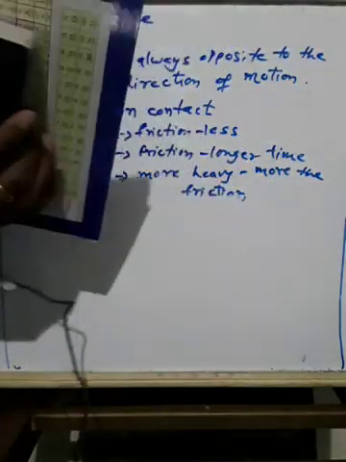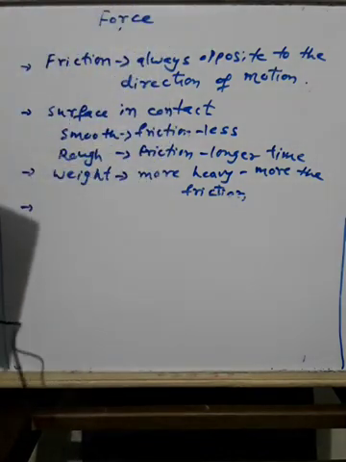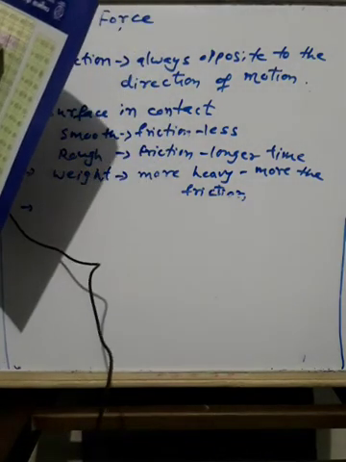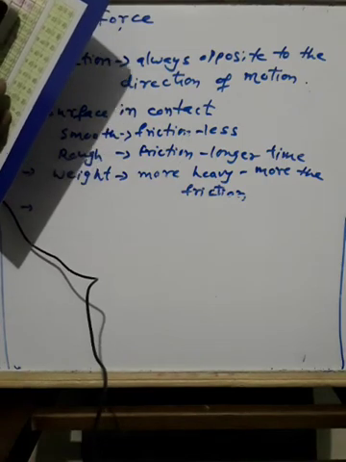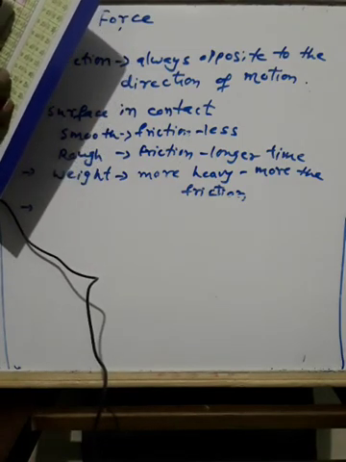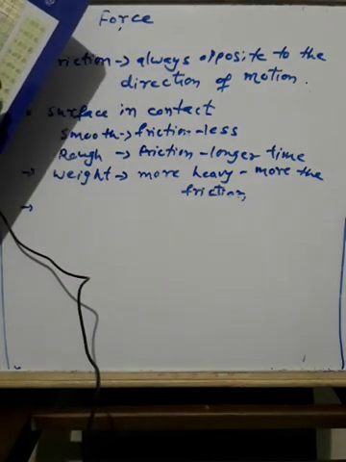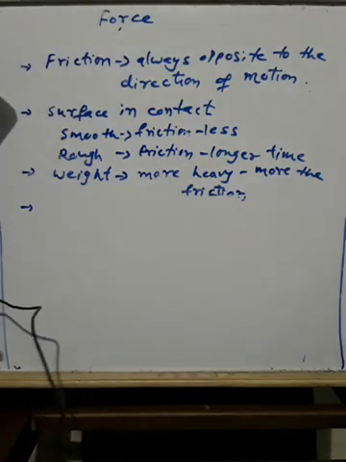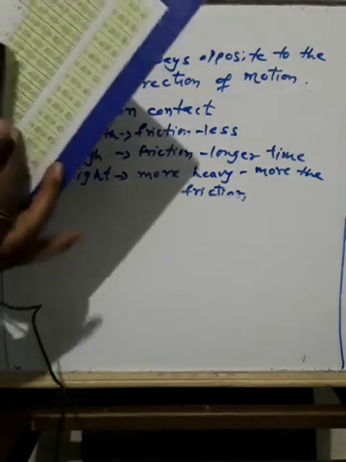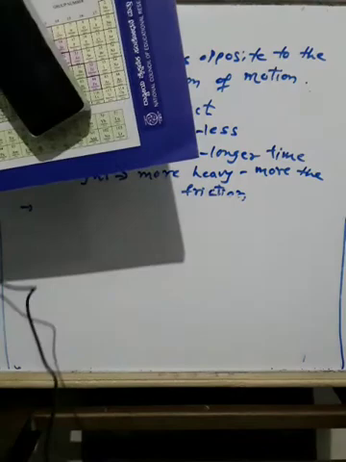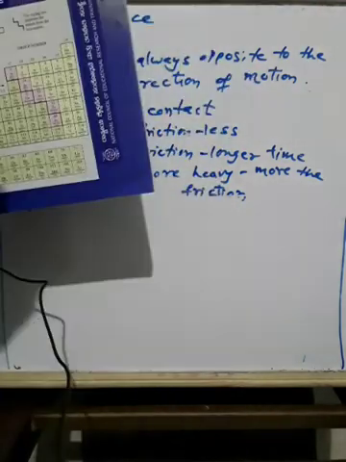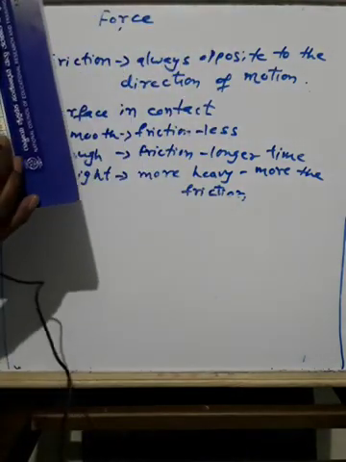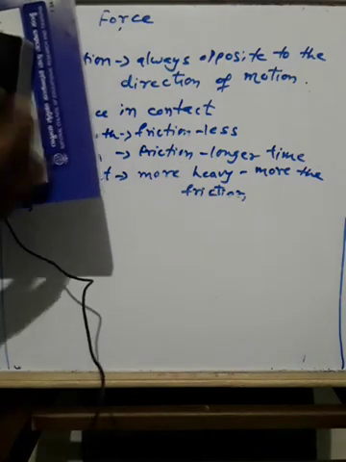Such a force is called electrostatic force. So when we try to slide one surface over the other, these offer a resistance of motion. When I take the duster and slide, it will stop. Why? Because there is electrostatic force of attraction.